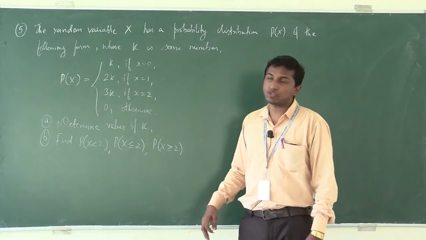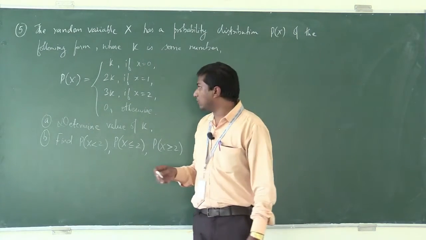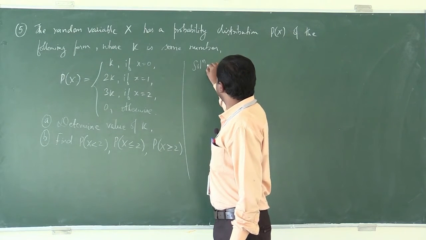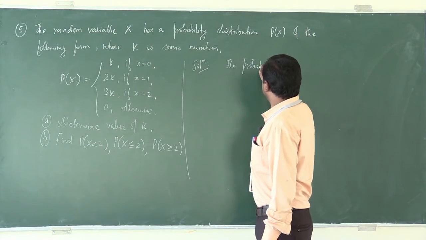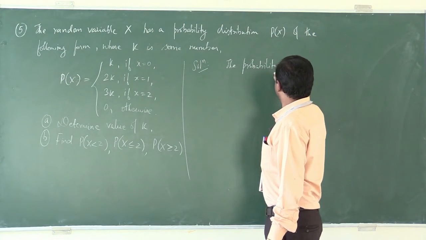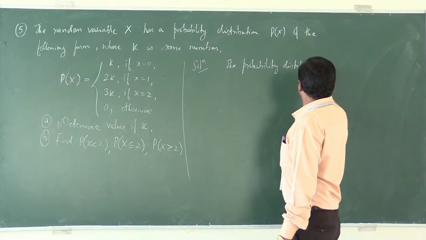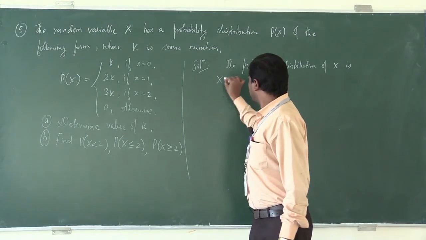First and foremost, we'll write this probability distribution in tabular form. So we'll start here. Solution. The probability distribution of x is, we'll write x.